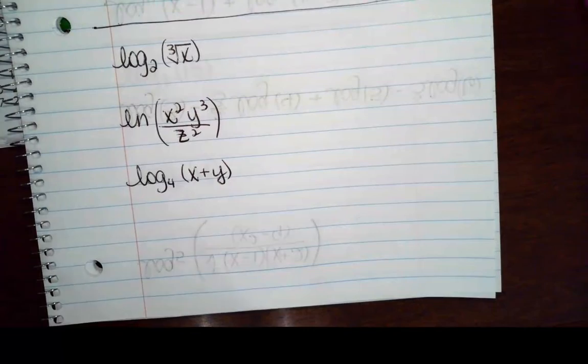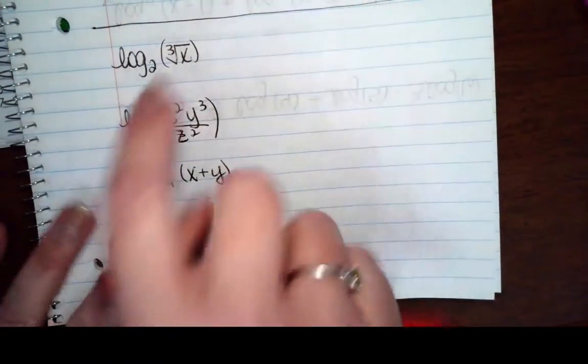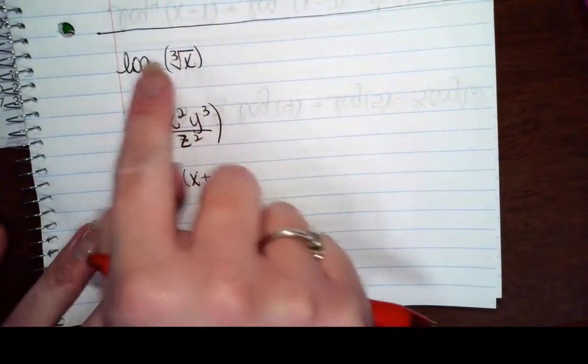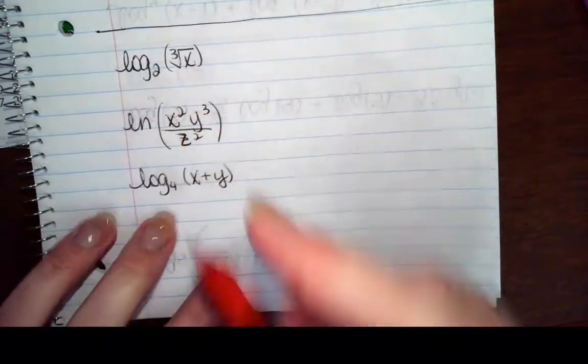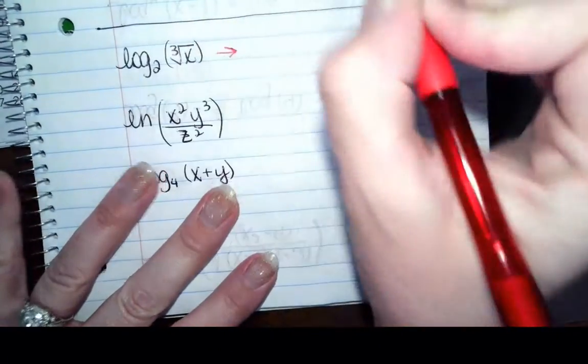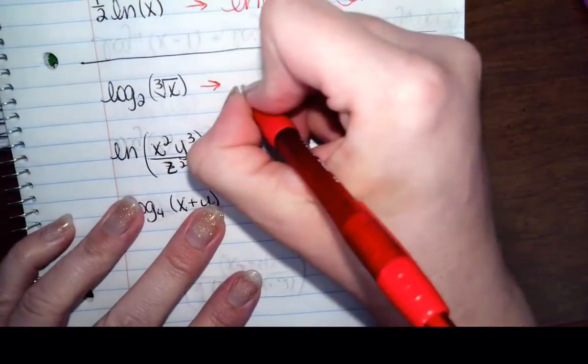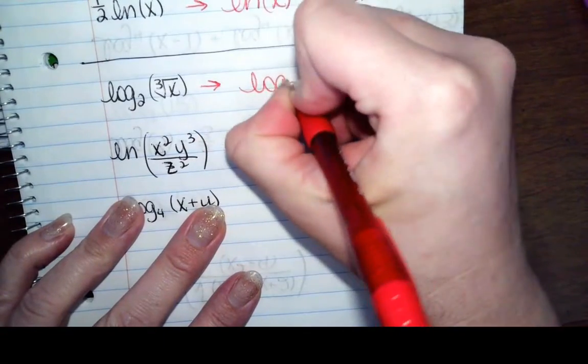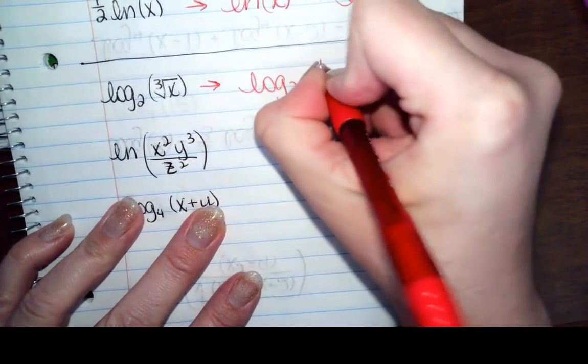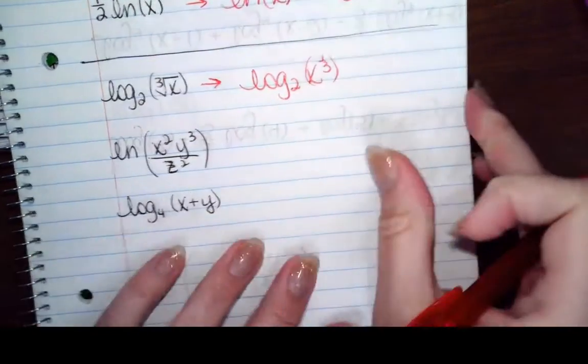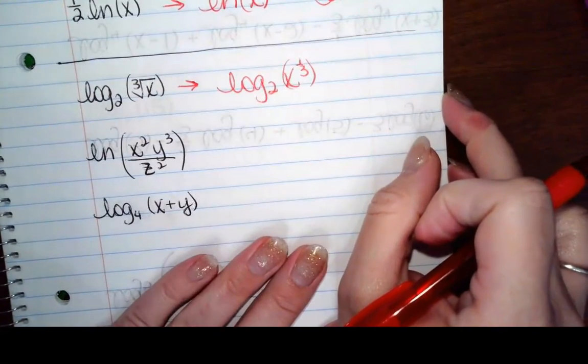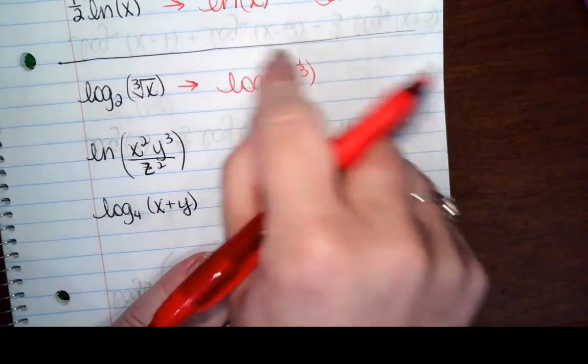So let's get a little bit more exciting, and let's do a few things. I notice that I can rewrite this using a rational exponent. So I'm going to expand. So I have log base 2 of x to the 1/3. But if I'm expanding, then exponents are a no-no.